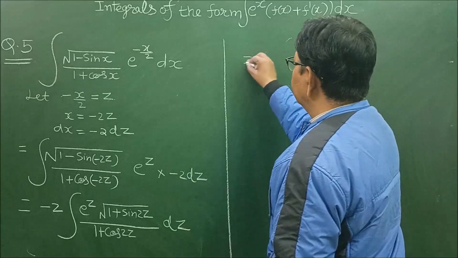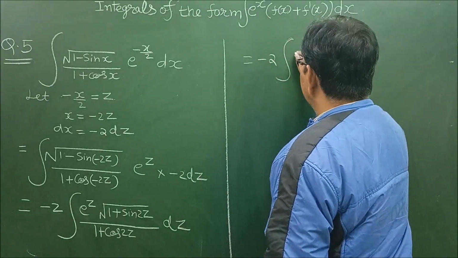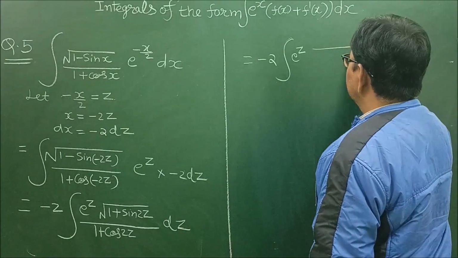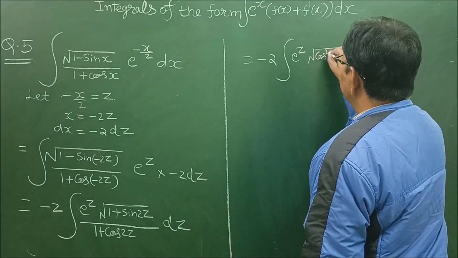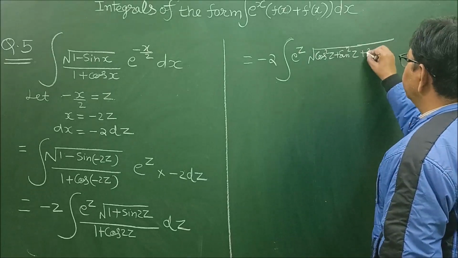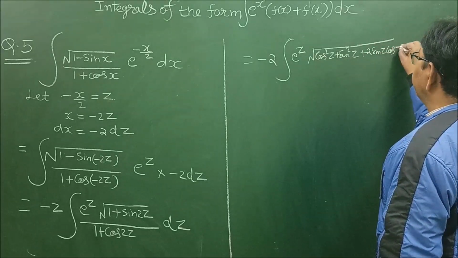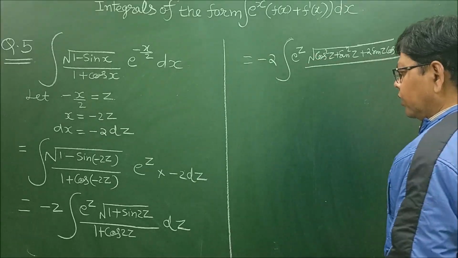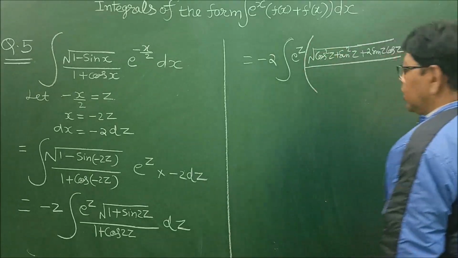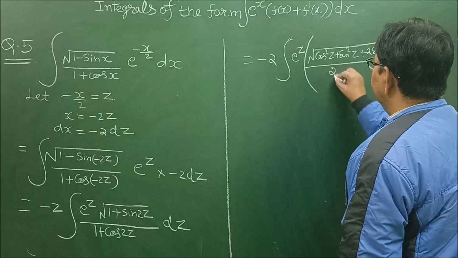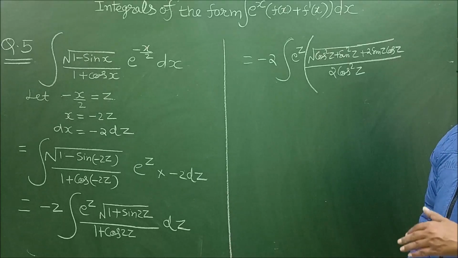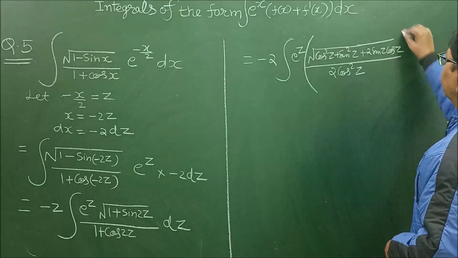So this integral now is equal to minus 2 integral of e raised to the power z, and this 1 plus sine 2z is equal to cos square z plus sine square z, the value of 1, plus sine 2z is 2 sine z cos z, upon 1 plus cos 2z. 1 plus cos 2z is equal to 2 cos square z, using the trigonometry formula cos 2z is equal to 2 cos square z minus 1, 1 gets cancelled, and dz.